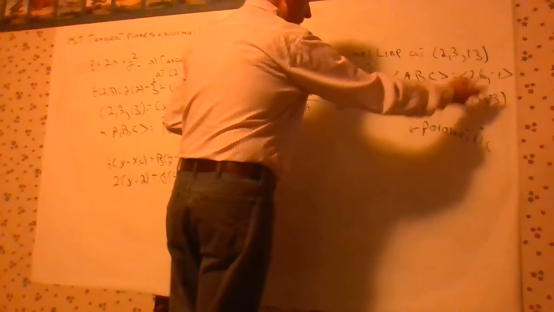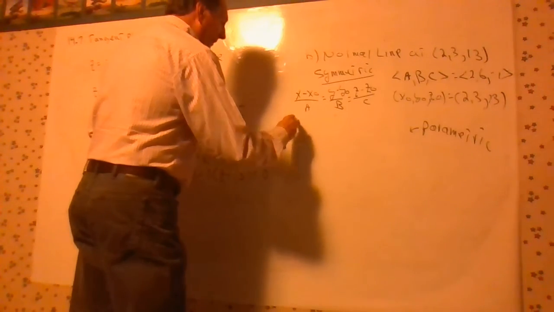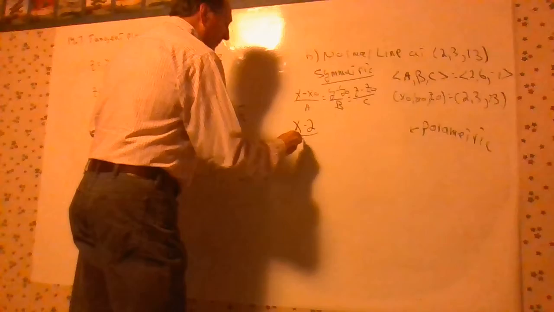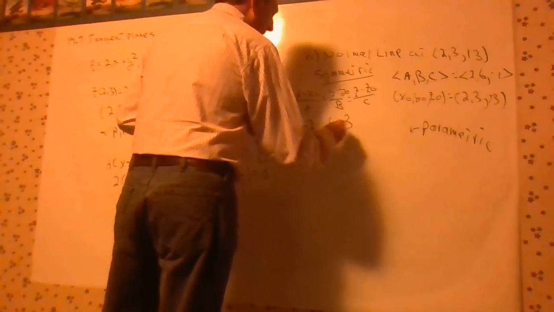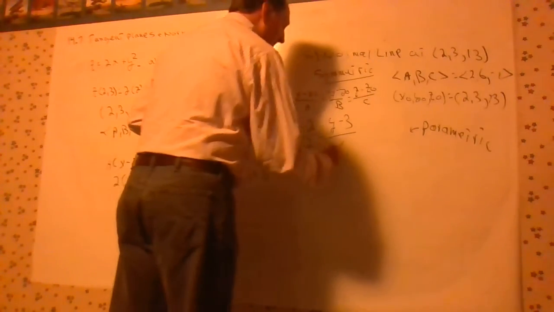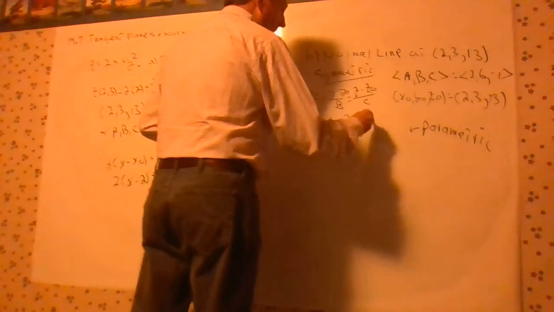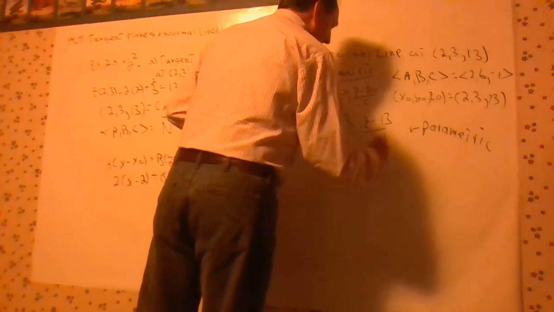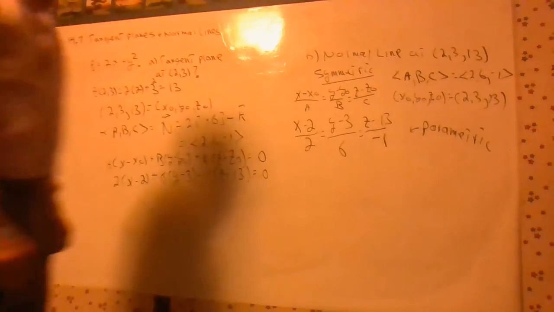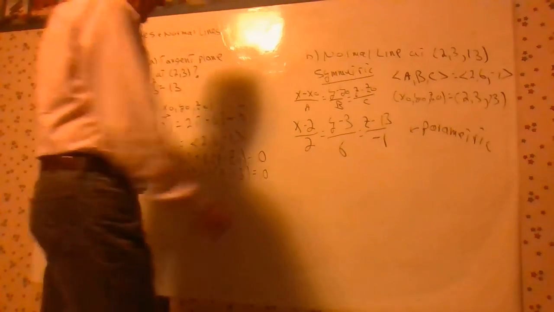And we have to plug in the point on top and the vector on the bottom. So we have x minus 2 divided by 2 equals y minus 3 divided by 6 equals z minus 13 divided by negative 1. And that's the symmetric form.